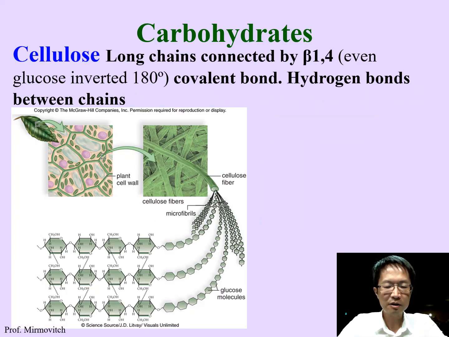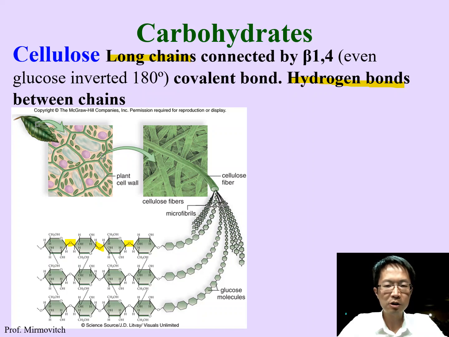Okay, what does cellulose look like? Cellulose has long chains, and they have hydrogen bonds in between chains. And not only that, if you look at it carefully, the oxygen atom that is connected between the two glucose molecules is in an up-down orientation.